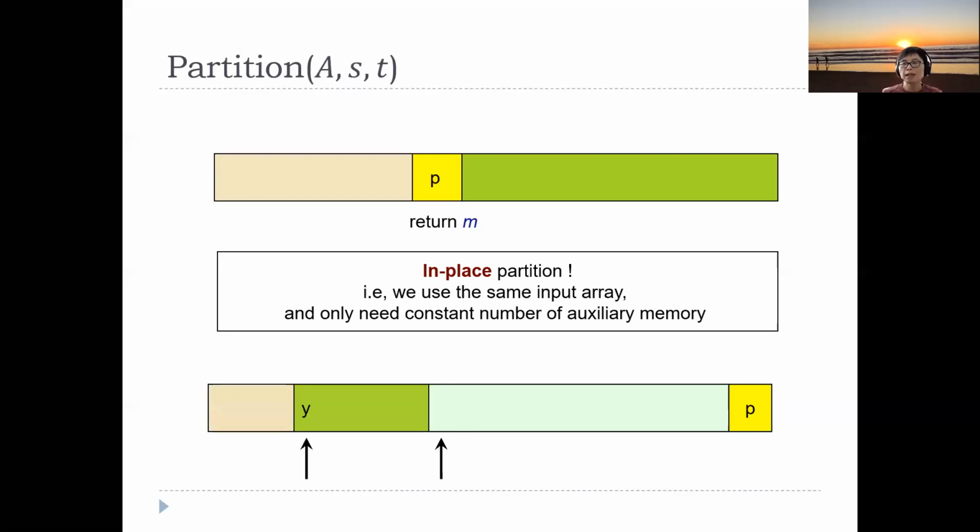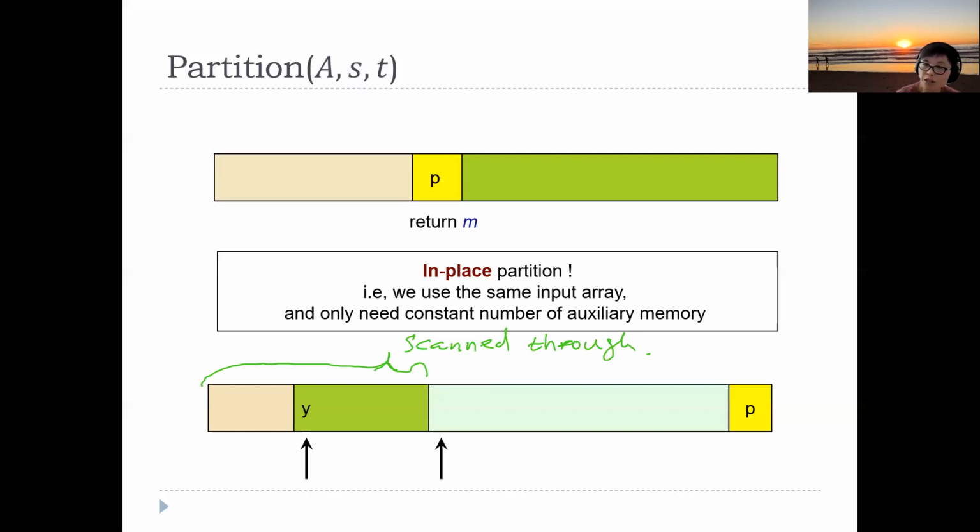That also means that I would like to have 2 pointers to help me remember that. In particular, as I scan through, suppose right now I'm already at this position. I already scanned through this portion. What I want to maintain is that so far, everything smaller than P is put first.